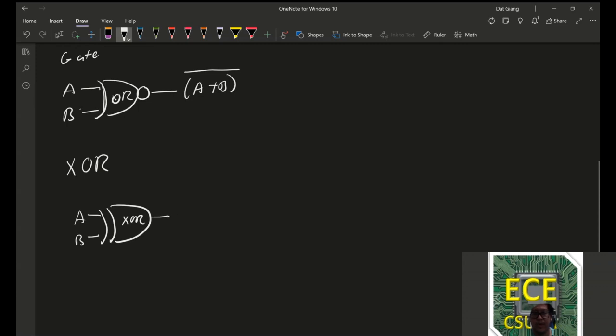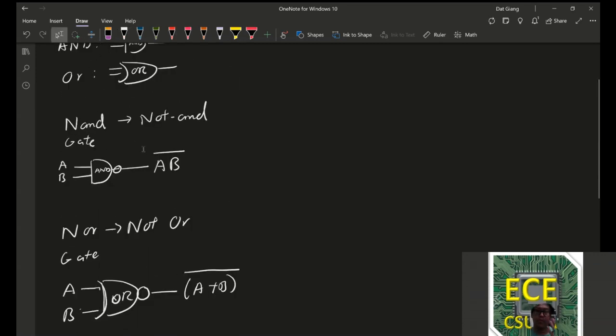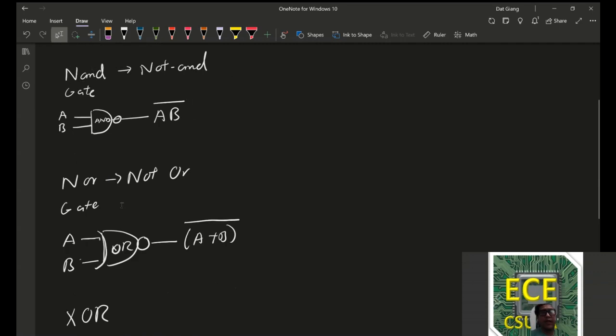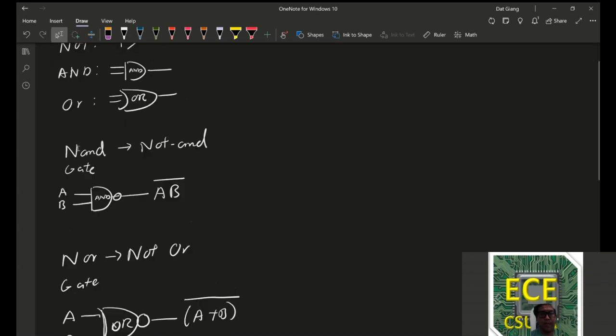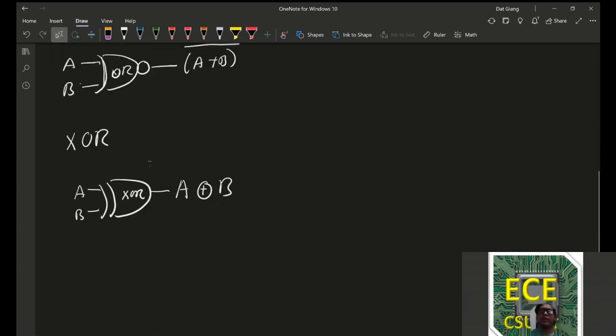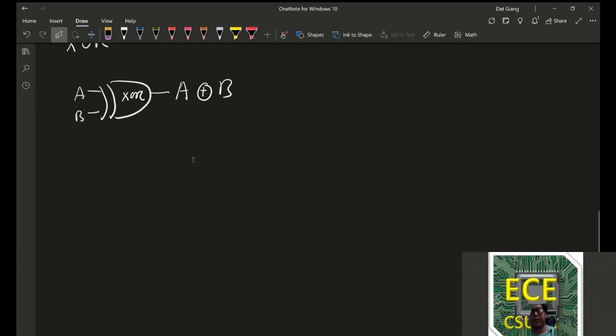And we represent this as A special add B. Now, these are some other logic gates that we will see. NAND and NOR are just combinations of NOT with AND and OR, while an XOR gate, to simplify it, means you can pick one or the other, but not both. That's the idea of an XOR gate.